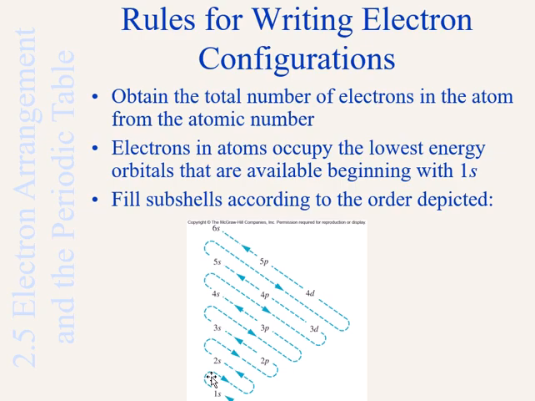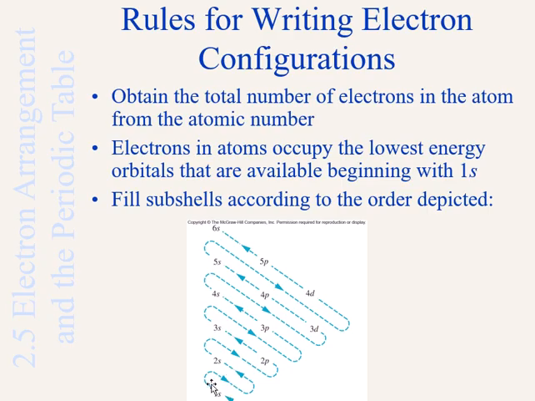The filling order is very simple: s before the p, then d, then f. But there are some exceptions as we go forward, and that's why using this graph here will help you to know exactly what gets filled before what.